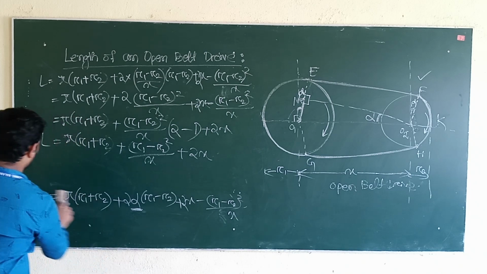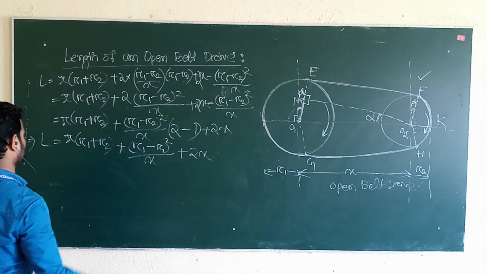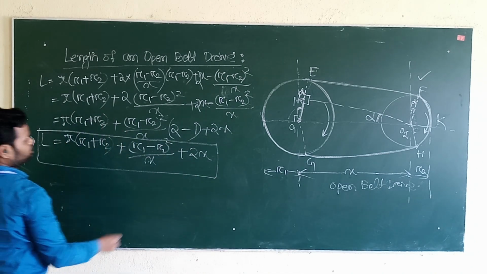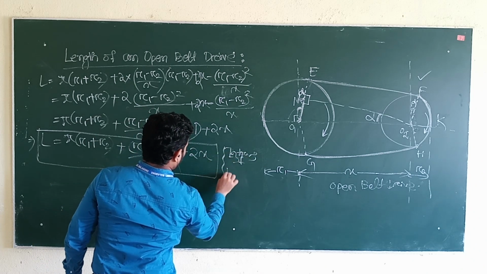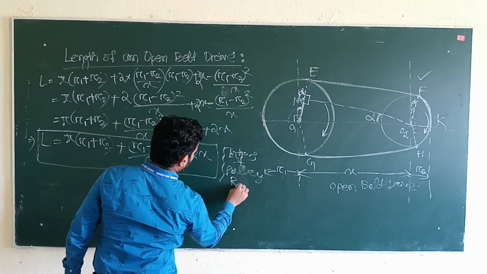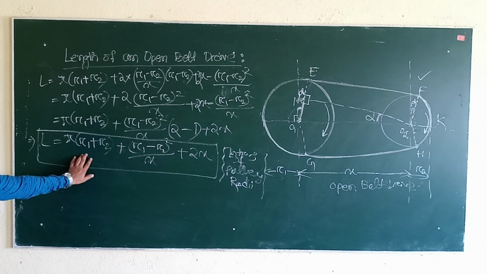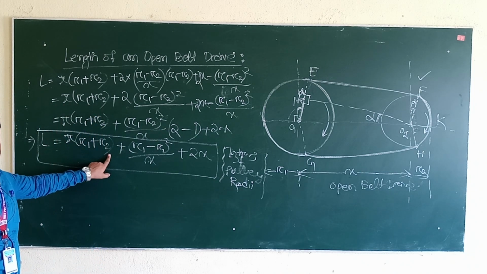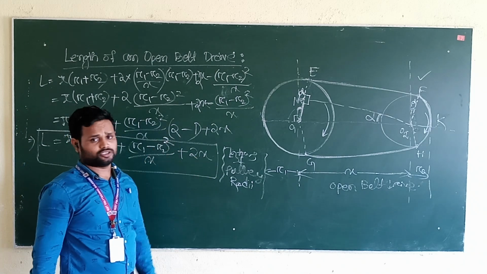This is the value of the length of an open belt drive in terms of pulley radius. So make a box and write it in terms of pulley radius, popularly the plural form is radii. So this is the formula for the length of an open belt drive in case of pulley radii: L equal to pi (R1 plus R2) plus (R1 minus R2) square divided by x plus 2x.